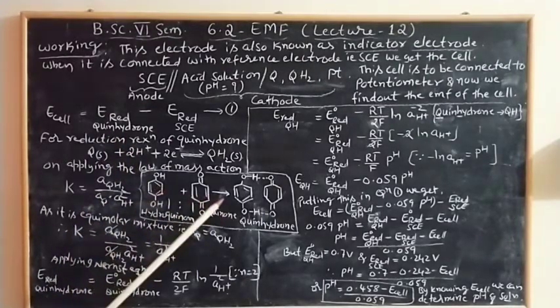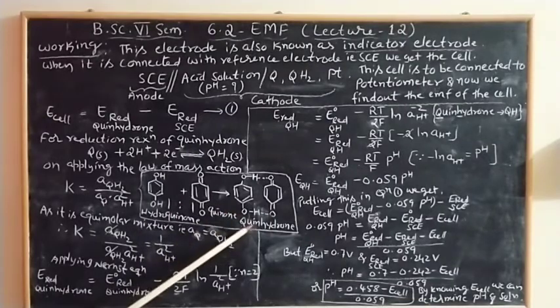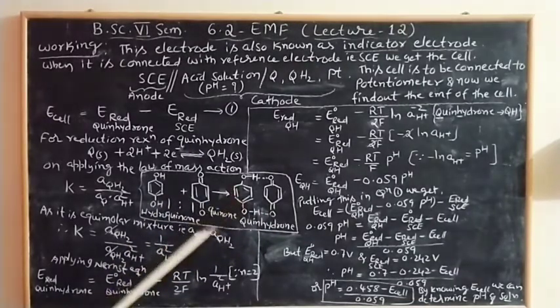An equimolar mixture of this hydroquinone and quinone with quinhydrone is represented using this structural formula. As it is an equimolar mixture, activity of Q is equal to activity of QH2. K is therefore equal to a QH2 by a Q, which is nothing but 1, so this is a square H+. These two get cancelled. This is equal to 1 by a square H+.